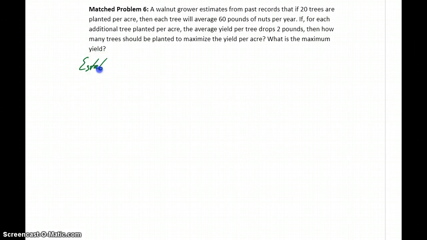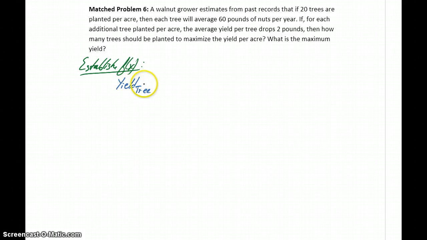So we want to start by establishing our function f of x. In this case, we can start off by looking at the yield per tree.